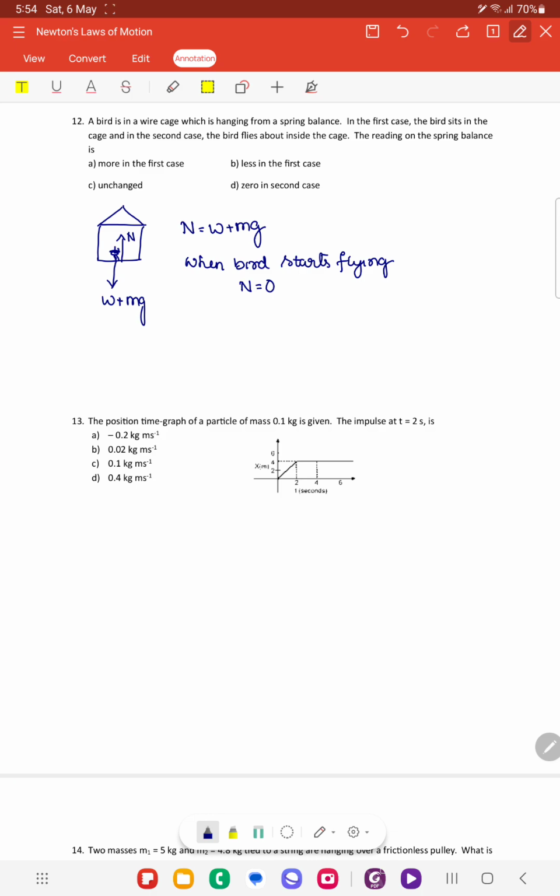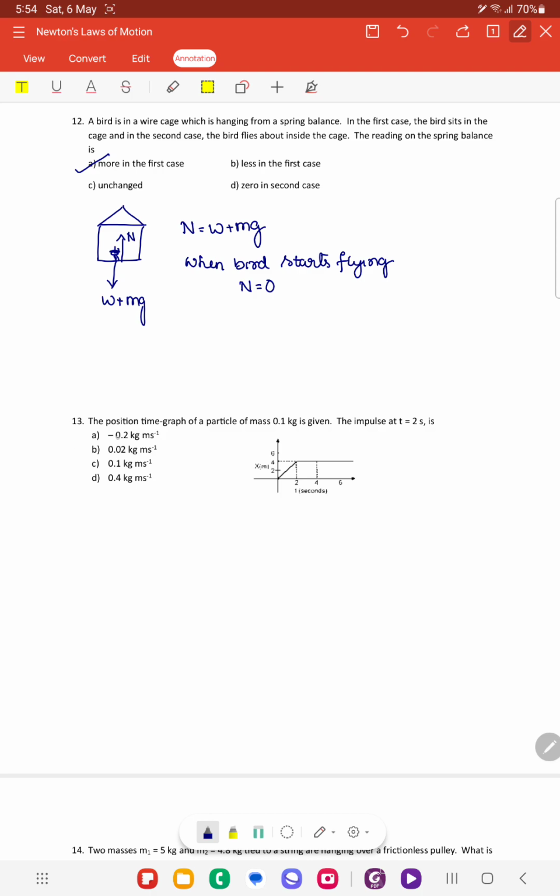Therefore, the reading on the cage is less when the bird is flying. Therefore, option A is the right answer. So, when the bird is sitting inside the cage, the reading on the spring balance is more, and when the bird is flying, it is less. So, option A is the right answer.